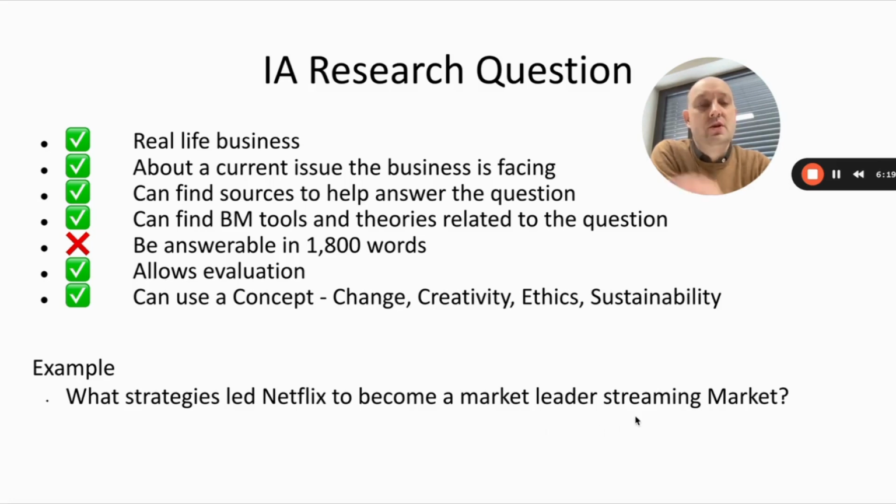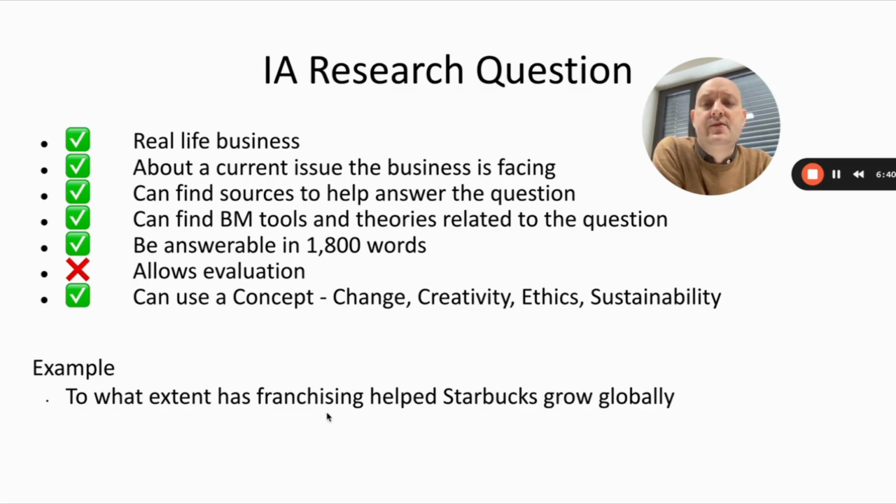So you could talk about a specific country, or you could talk about one specific strategy that they used and say whether it was successful or not. So this is a potential question, but it would need to be made more specific in that way.